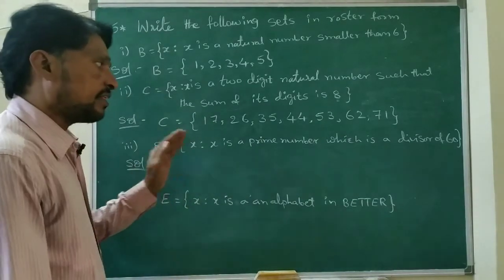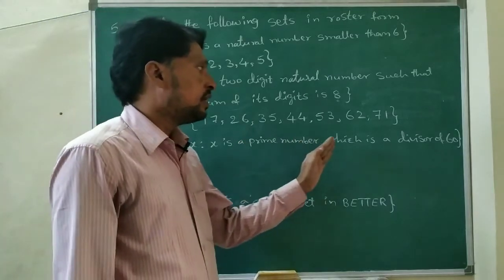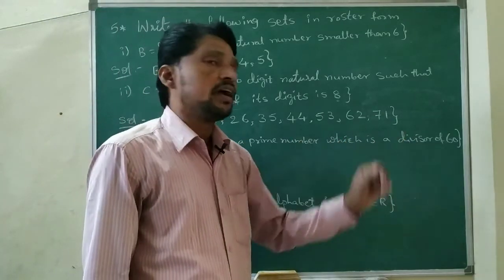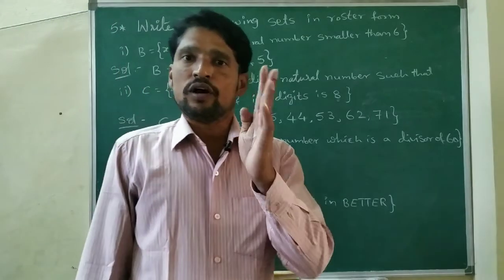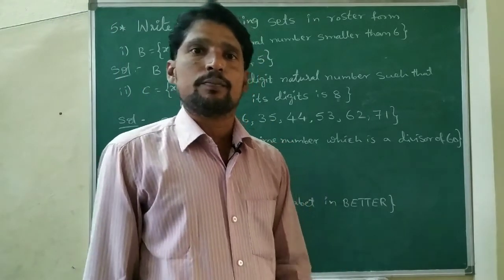D equals x such that x is a prime number which is a divisor of 60. Prime numbers only we should take. What is prime? A number whose only factors are 1 and itself is a prime number.